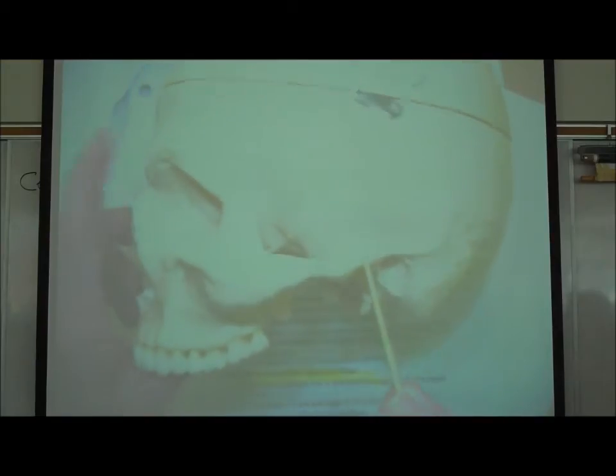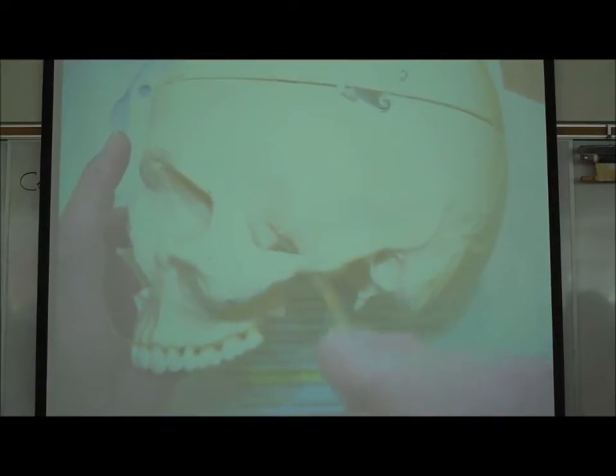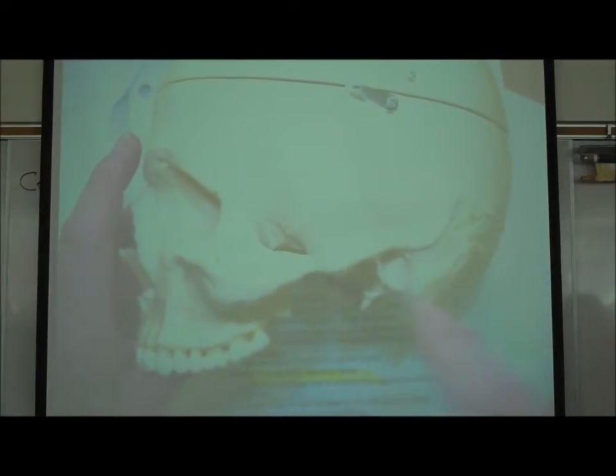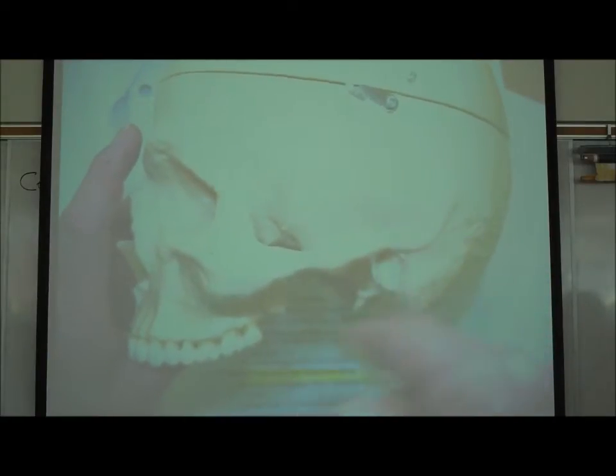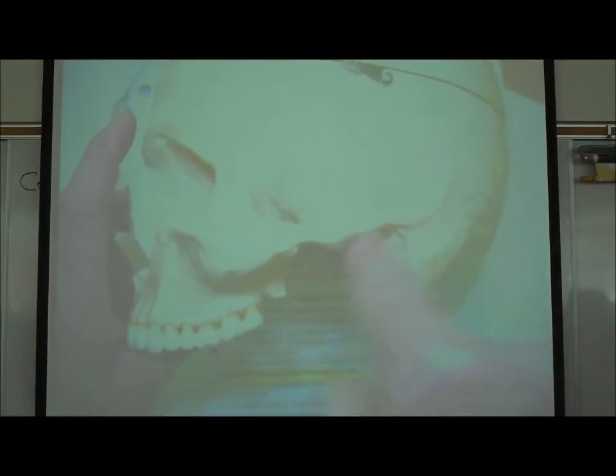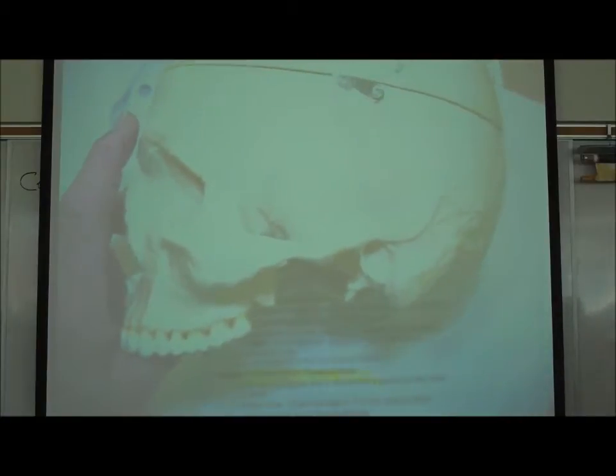Now, he doesn't have those weird things that we call ears, outer ears. But if he did, the outer ear would be right around this area here. And this area is called the tympanic portion of the temporal bone. The tympanic portion is this area right around the external auditory meatus, kind of where your outer ear would be.